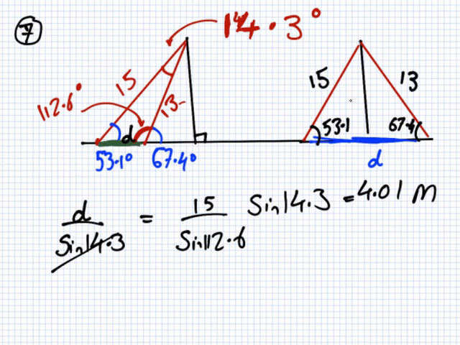If I use the sine rule, I can say D over sine this angle on the top, which I'll get in a moment, equals 15 over sine 67.4. Now this angle on the top will be 180 minus 53 minus 67.